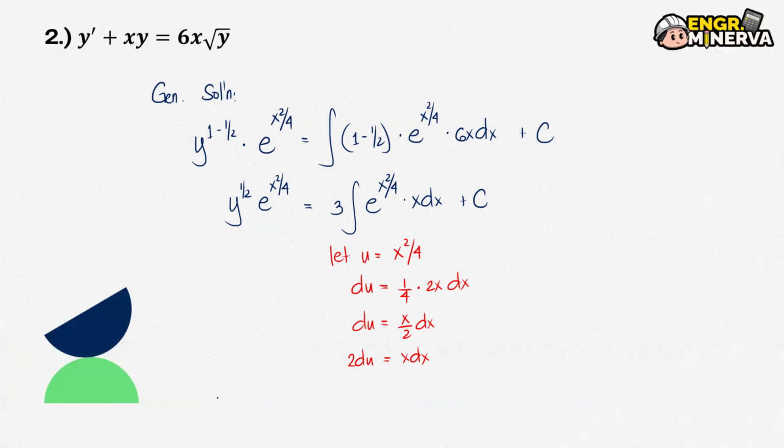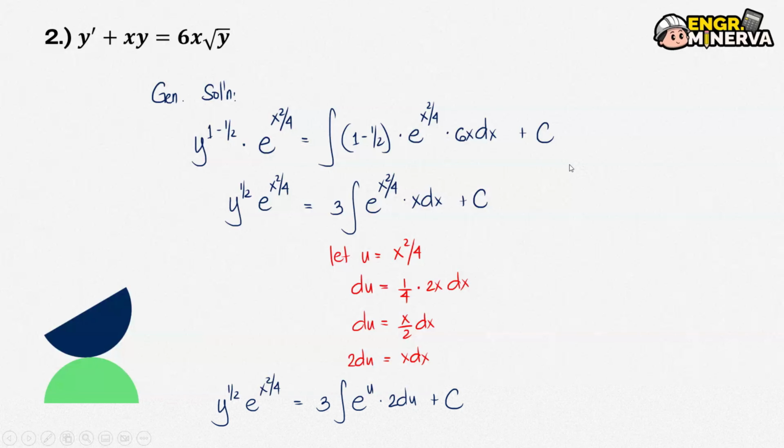So our resulting solution would be y raised to 1/2 e raised to x squared over 4 equals 3 integral of e raised to u, then that would be 2 du plus c.